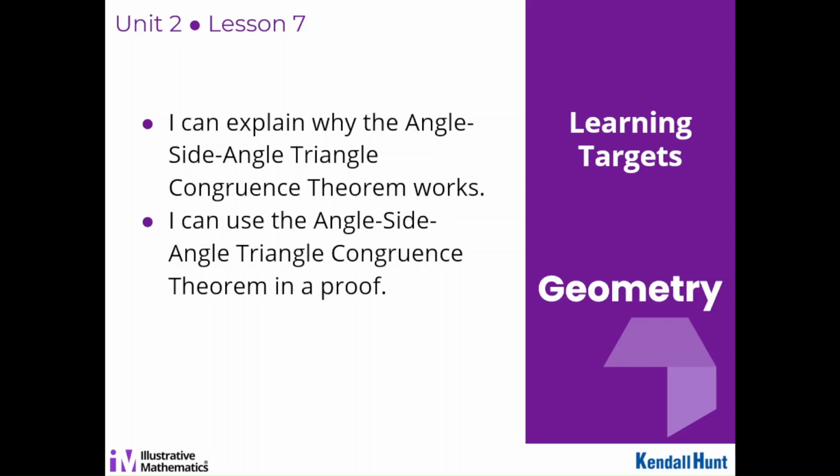Number one, if I know that I've got a side on each triangle that is the same size, they're congruent, and then I know that the angles on both ends of that line are congruent, then when I draw those next lines at those given angles, there's no other possibility than for those two lines to meet each other at the same point.